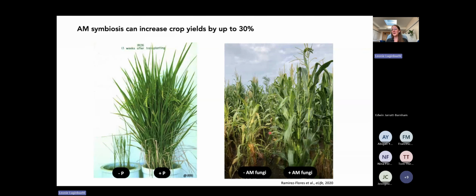So here you can see an example of a maize plant on the right that can form a symbiosis with arbuscular mycorrhiza, and a plant that can't form this symbiosis. And you can see a huge difference in growth on these nutrient-poor soils. And that's predominantly because these fungi are so good at taking up these nutrients and provide these to the plant.